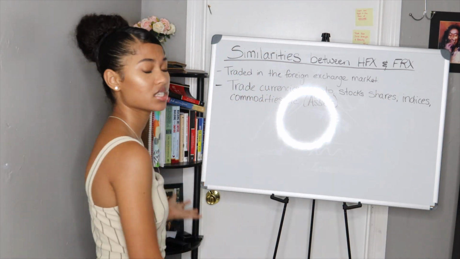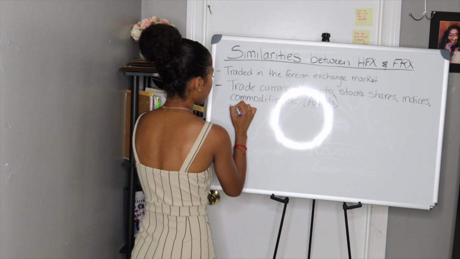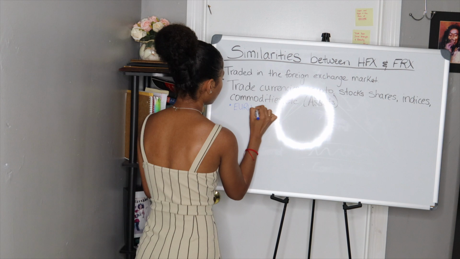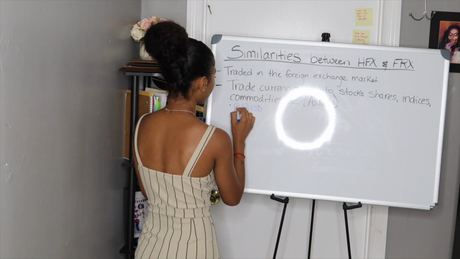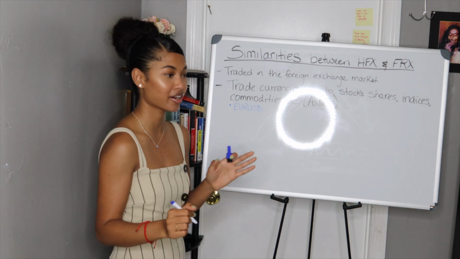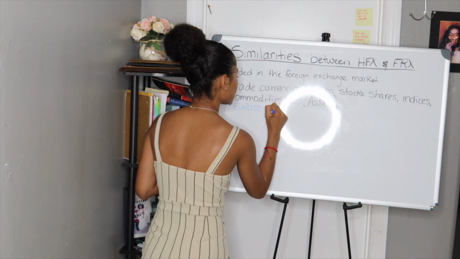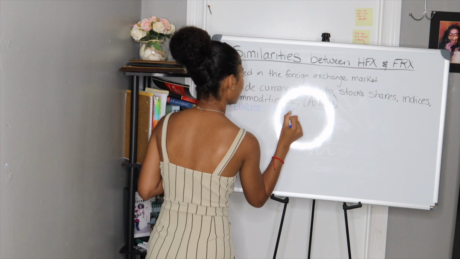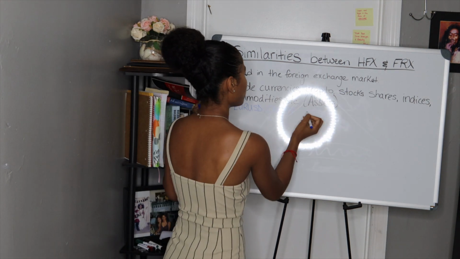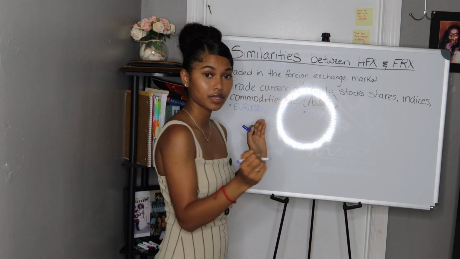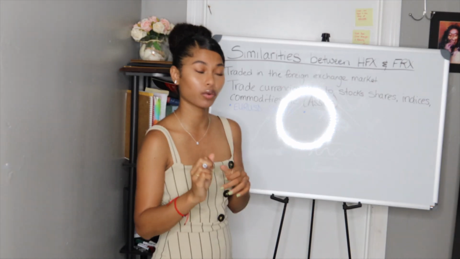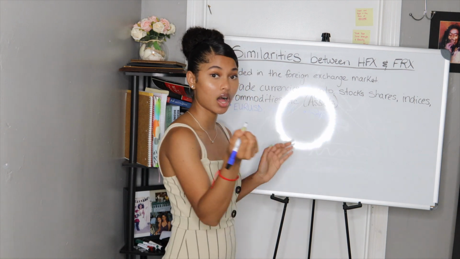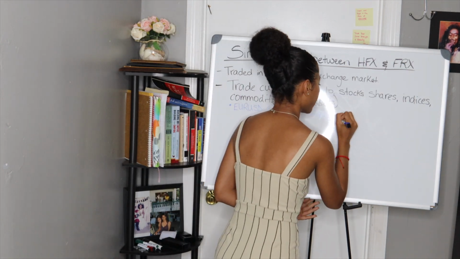Some examples of currency, you'll see a pair called Euro USD, right? EUR USD, that's one of my favorite pairs, so I had to put it up there. Or CAD JPY. Now with crypto, an example of a crypto, I'm pretty sure a lot of you have heard about Bitcoin. Another example of a cryptocurrency would be Ethereum.